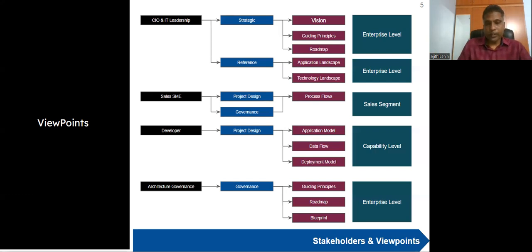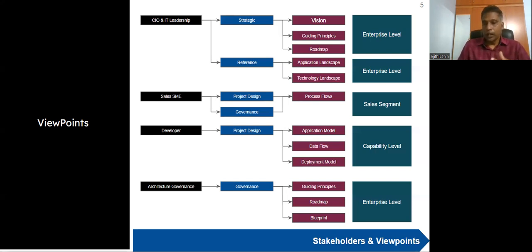But if you look at another stakeholder, the sales SME, they could be looking at project design as their why, because a lot of the process changes they come up with come in as projects. So how we derive the designs for those projects could be a primary reason why they come to enterprise architecture.